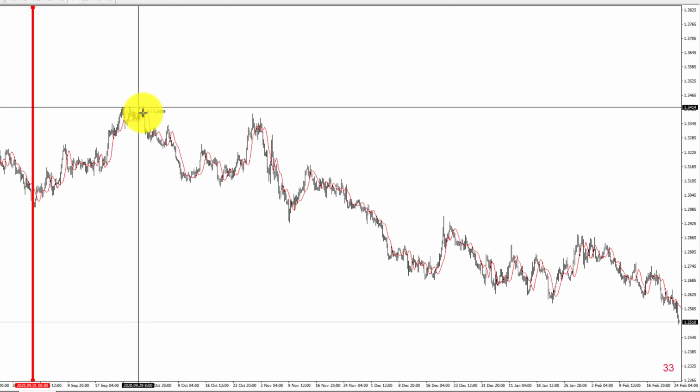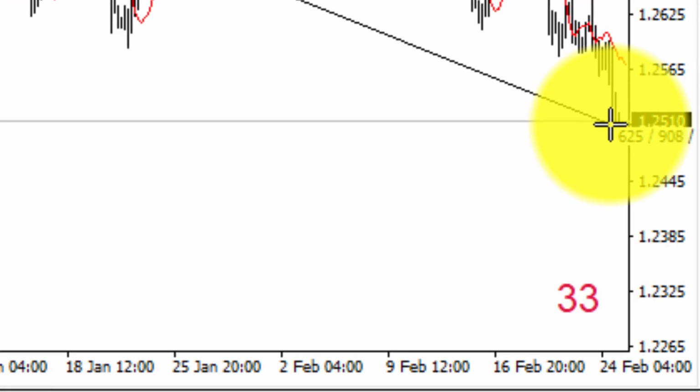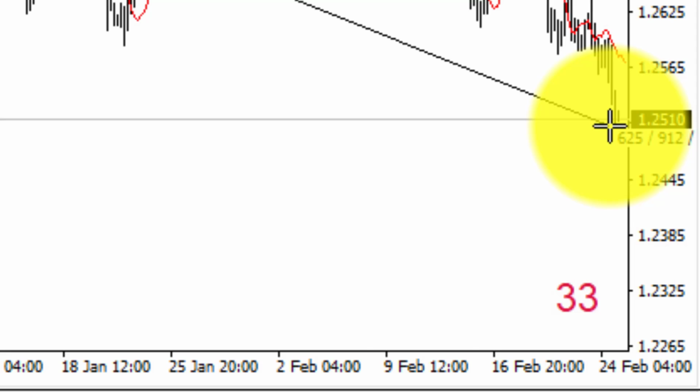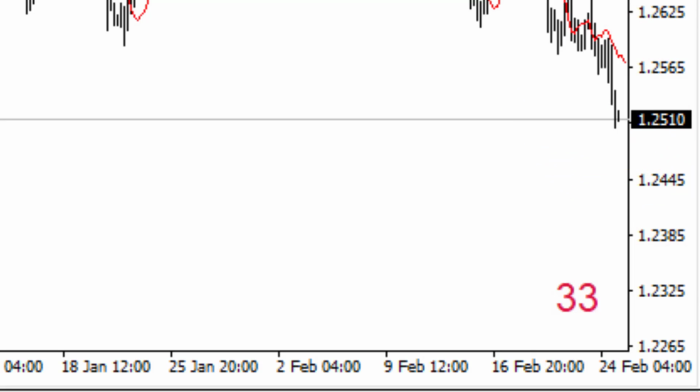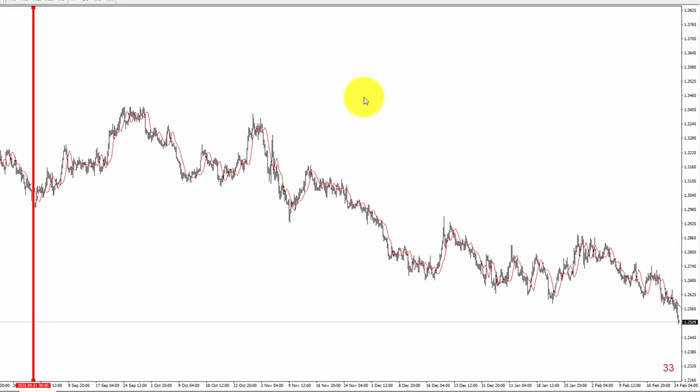And if we look at the distance of this trend, we're looking at a trend of about 900 pips. Huge trend that has happened here, and I'm surprised this account is still alive after an almost 1,000 pip trend. So all right, now we're starting to understand why this has happened.